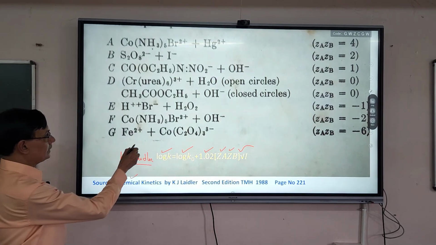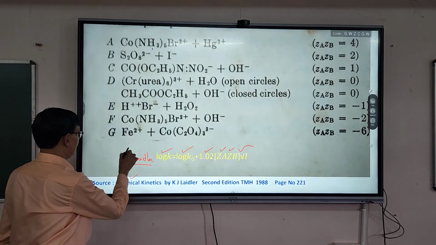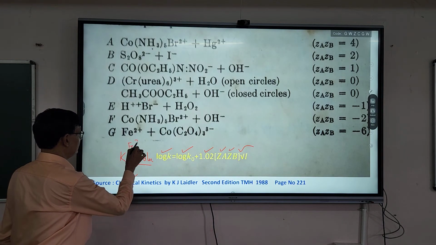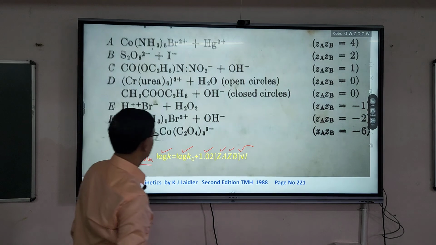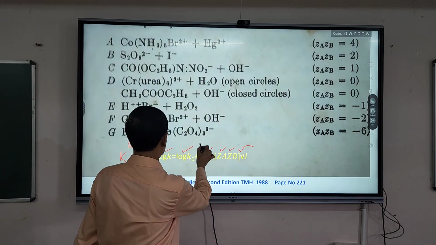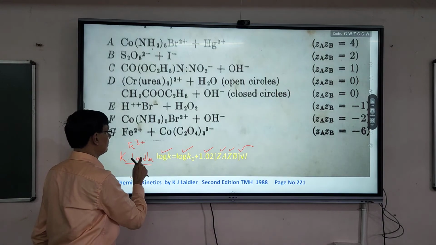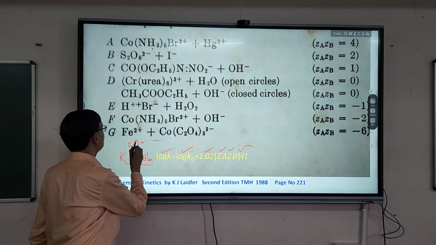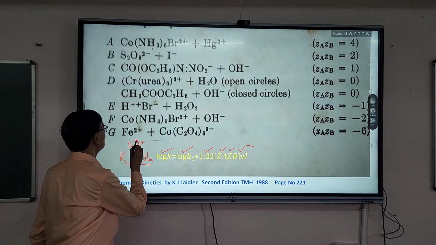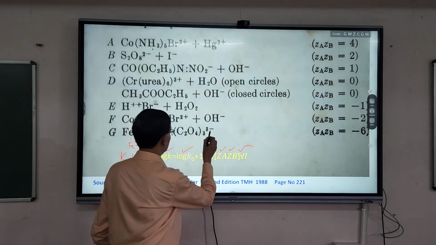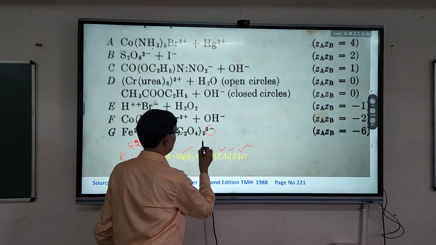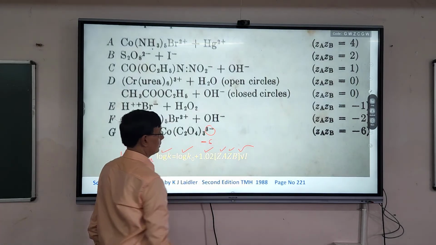Suppose I am taking this example, ferric 3 plus, or ferrous maybe. So plus 2 and minus 3 gives minus 6.